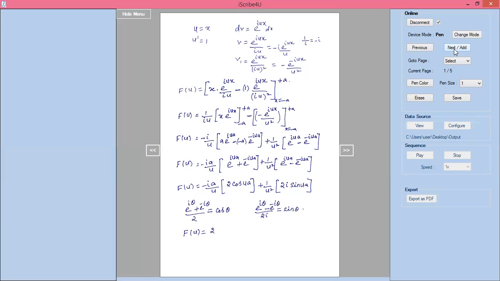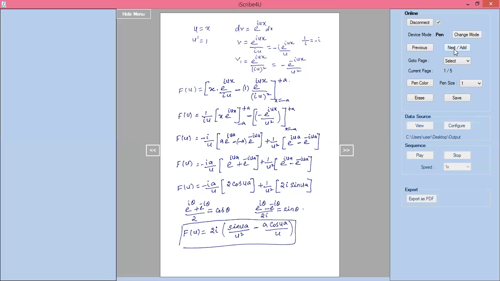Similarly, the first term should be u square, so this one should be positive. 2i I took outside: sin ua divided by u square, minus, I took outside, a into cos ua divided by u, which is the required solution for the given equation.